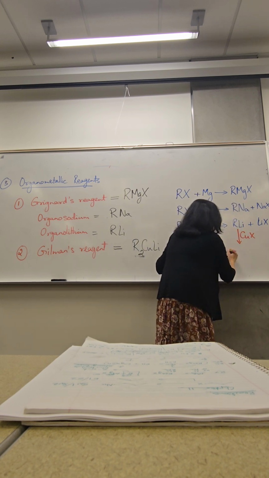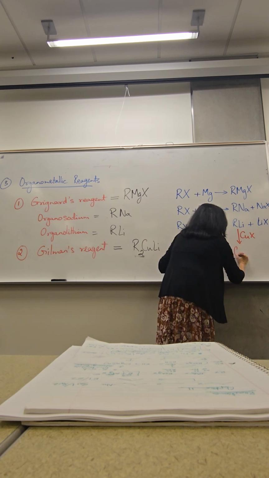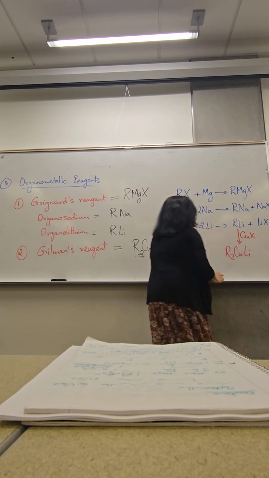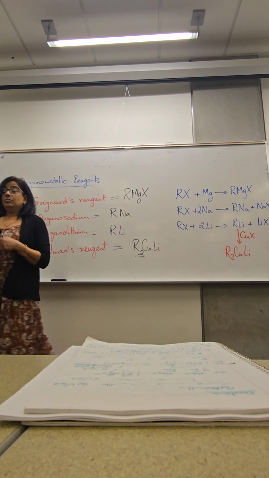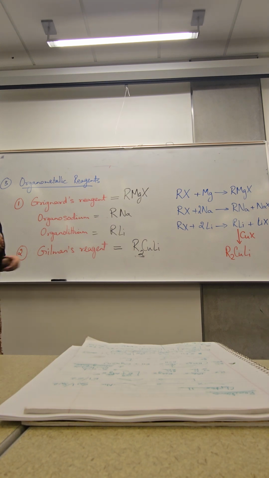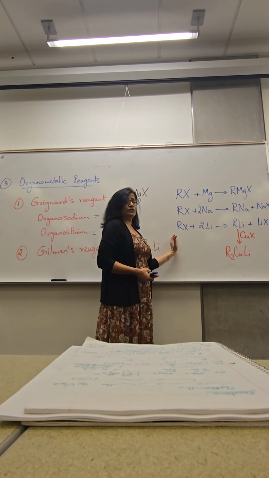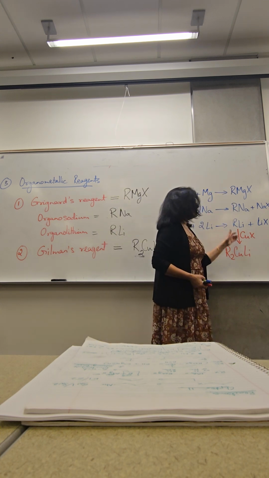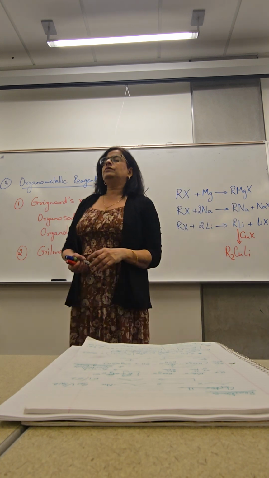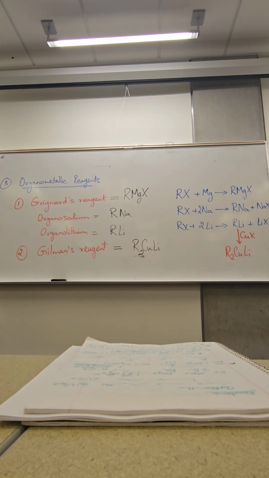I'm not doing stoichiometry here, but it creates the Gilman reagent. The point is, alkyl halides, organohalides, are the source of these very important reagents in organic chemistry. These 4 are the only ones we will look at, by the way.